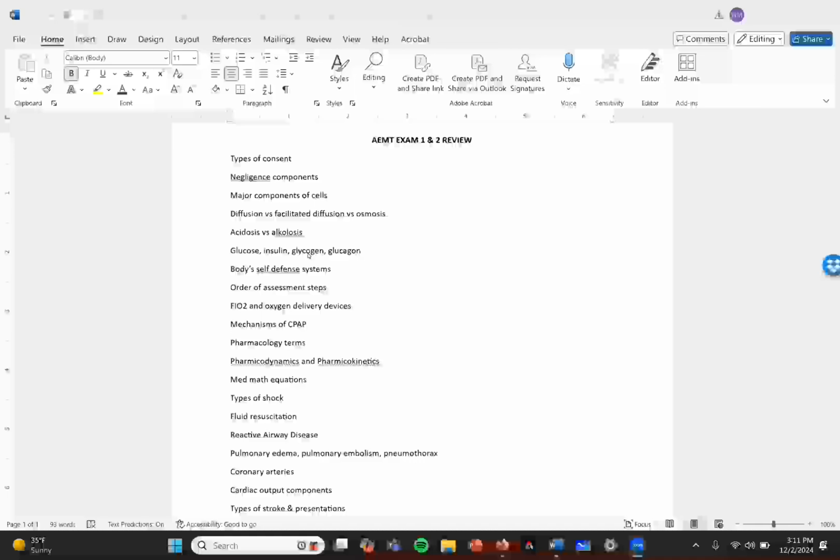Glycogen is the storage of glucose, usually in the liver or in the fat, and glucagon is what's going to break up these glycogen stores and release them back into glucose in the blood so that it can be used. So glycogen is the storage. Glucagon breaks these up and makes them back into the original glucose form.